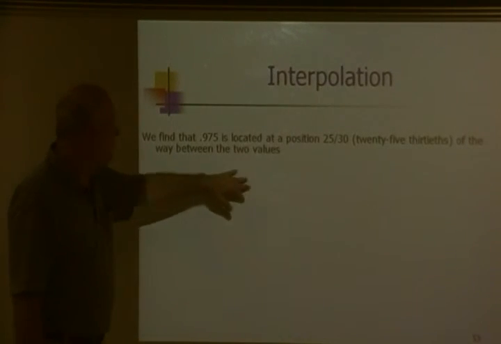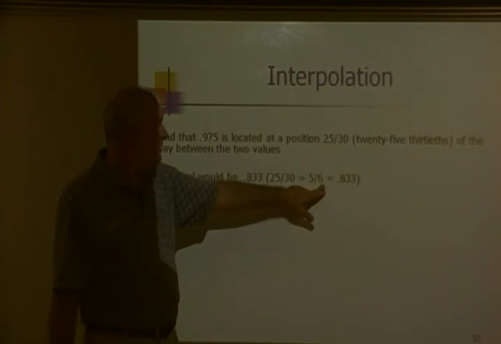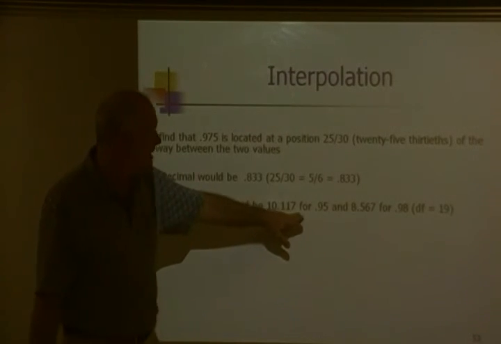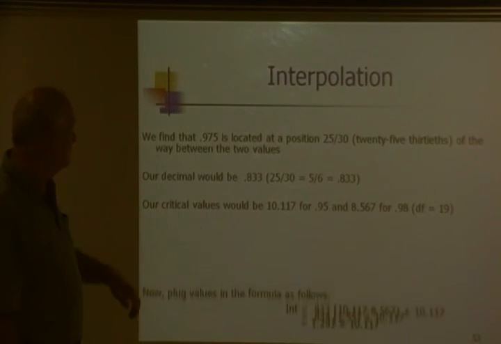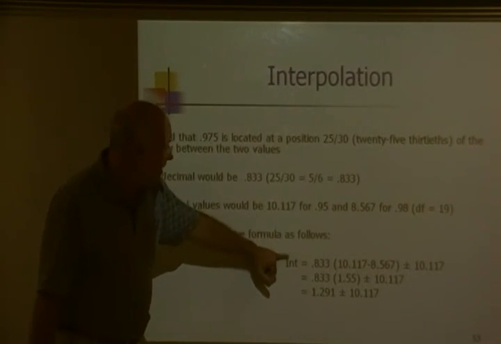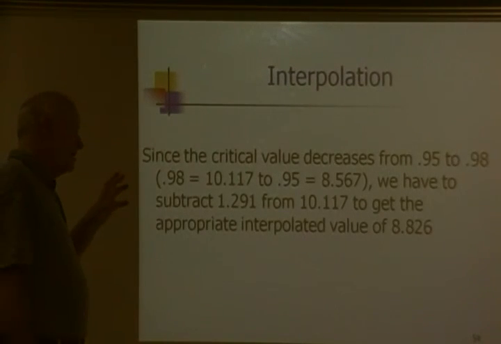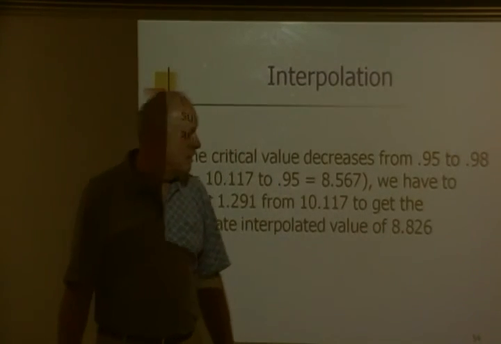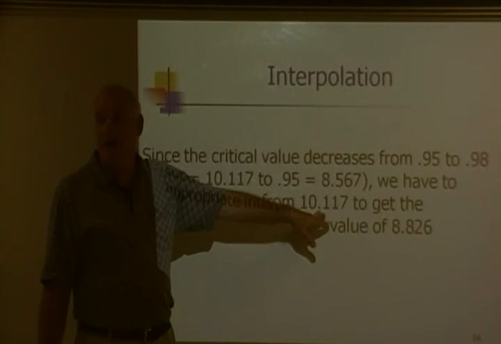So we find 25 thirtieths, we have to change it to a decimal, and that's going to give us 0.833. We run it through the same formula. Our critical value is going to be 10.117 for 0.95 and 8.567 for 0.98. So we plug the values into the formula: 1.219 plus or minus 10.7, and since it decreases, we must subtract it, and that's how we get our interpolated value of 8.826 versus taking the larger of the two critical values.